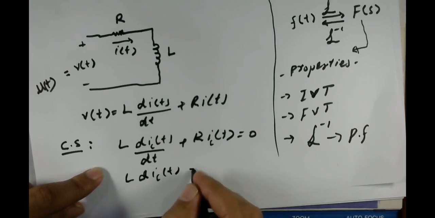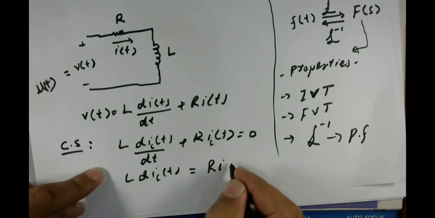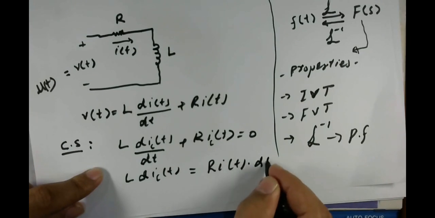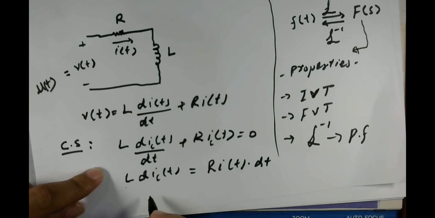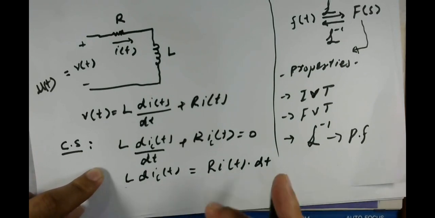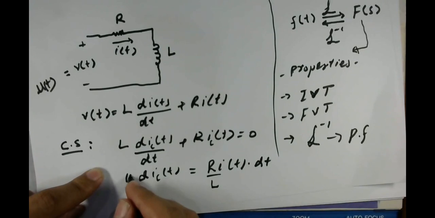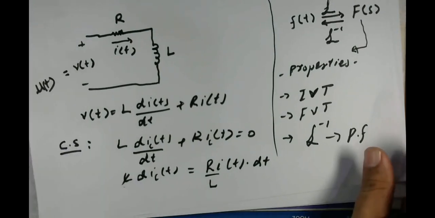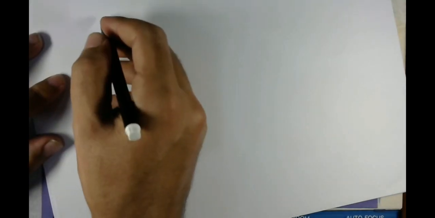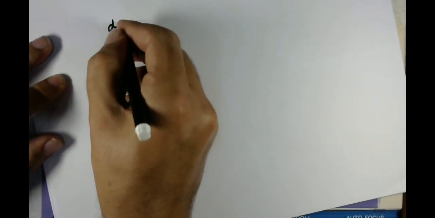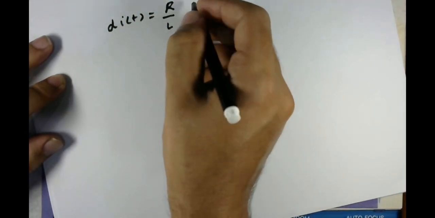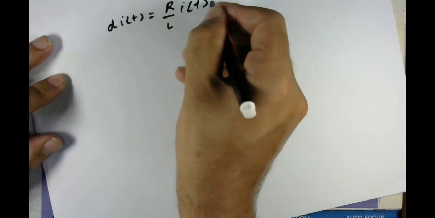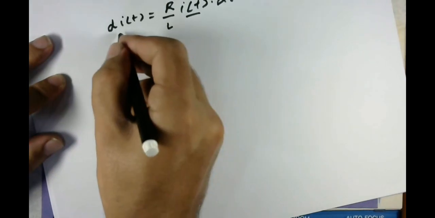We can write it this way: R I of t dt, and you divide this side by L and this side by L as well, so you cancel the L. Moving further, on one side you get dI of t, and on the other side R by L. This contains I of t into dt, so we take the I of t to the other side.